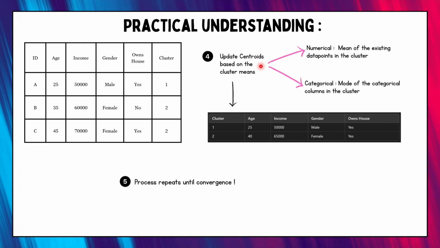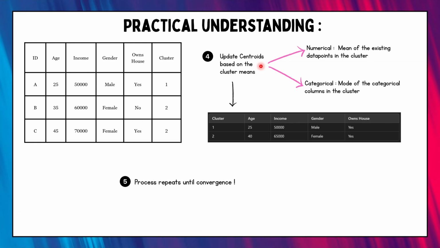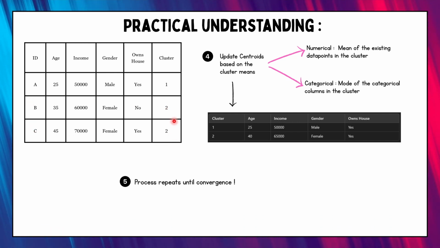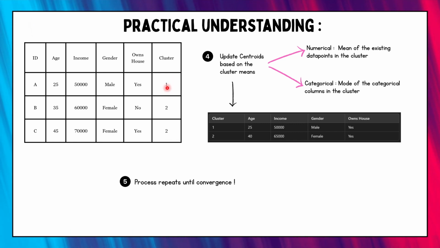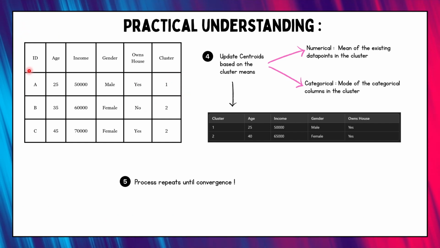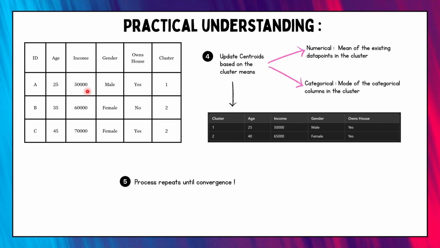The word means over here is kind of misleading, because whenever we are updating the centroids, it means that the new cluster centroid for cluster 2 will be the mean of all the data points that belong to cluster 2, and the new cluster centroid for cluster 1 will be the mean of all the data points that belong to cluster 1. Over here only 1 point belongs, so it doesn't matter, the centroid will stay the row A only.